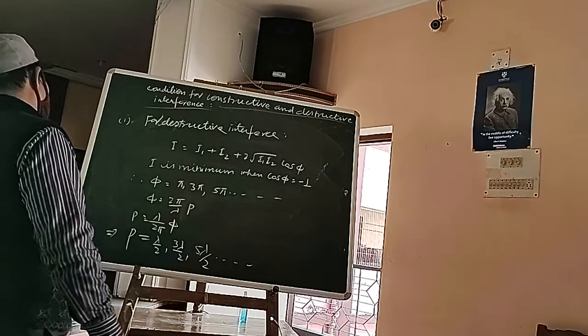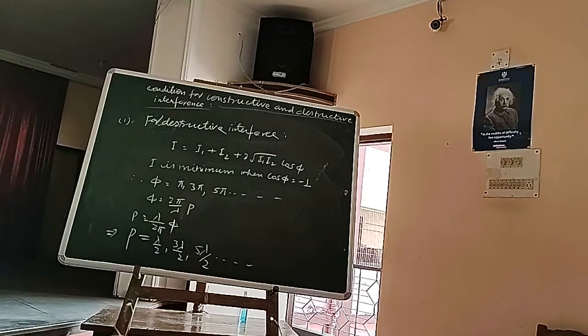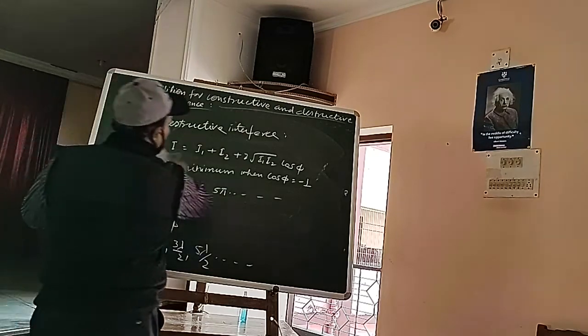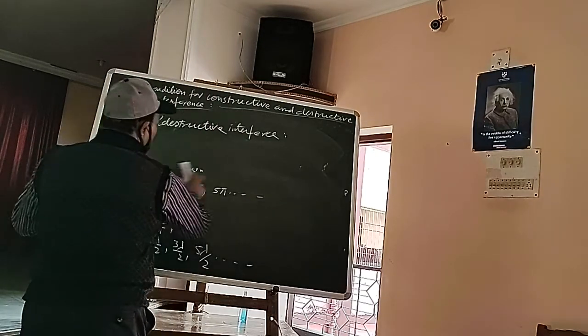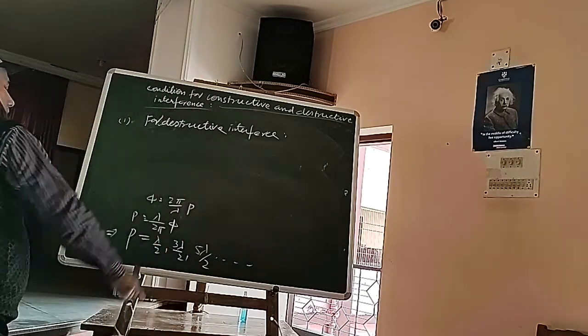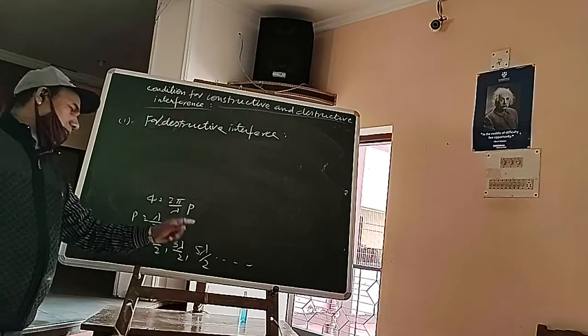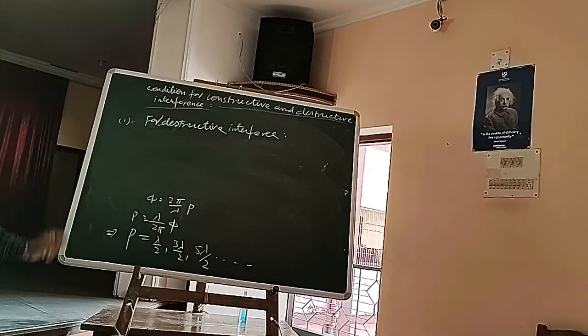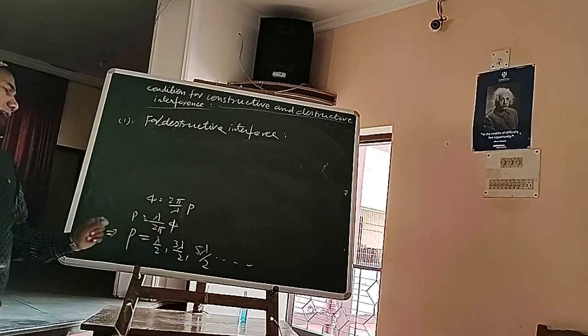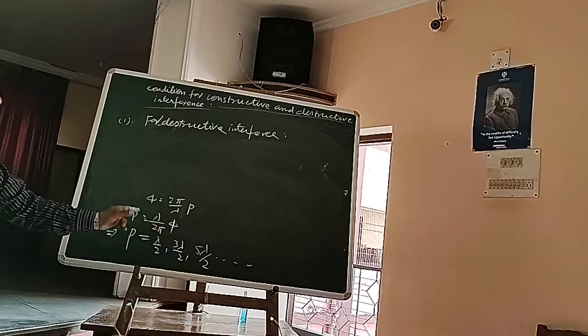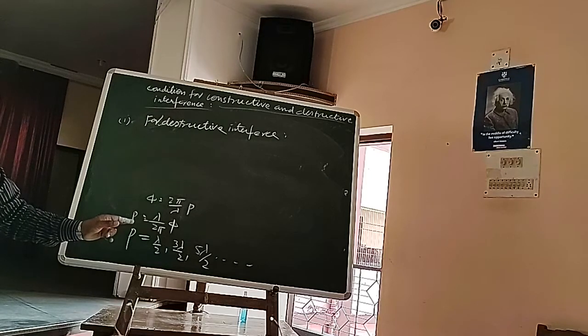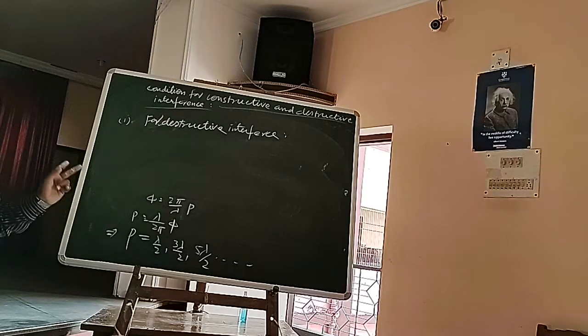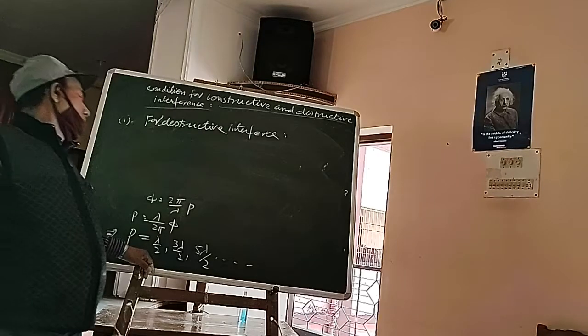Therefore, path difference is equal to an odd multiple of lambda by 2. This implies that for destructive interference, path difference should be an odd multiple of lambda by 2.